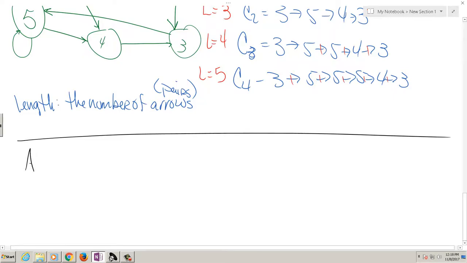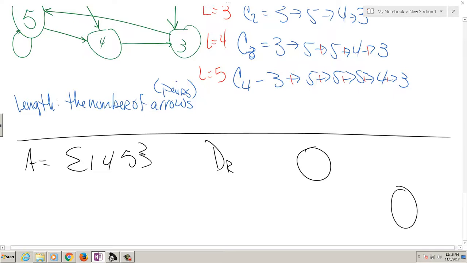So let's start with some set A that includes 1, 4, and 5. From that, I'm going to define the digraph of the relation. If I'm going to draw a digraph, I have to have all 1, 4, and 5, all of the nodes in the original set, and then I'm going to define a relation that looks like this.